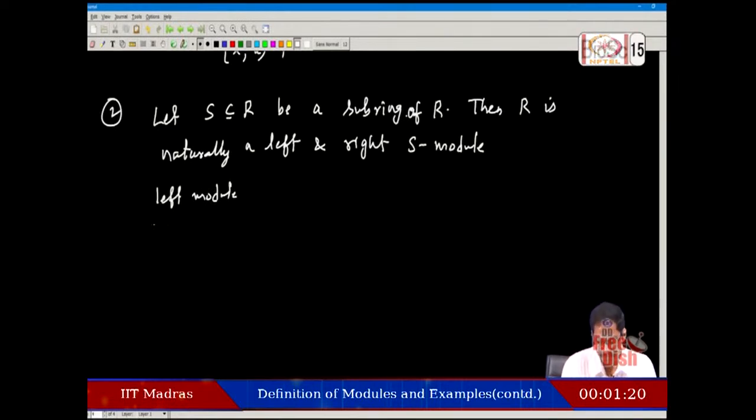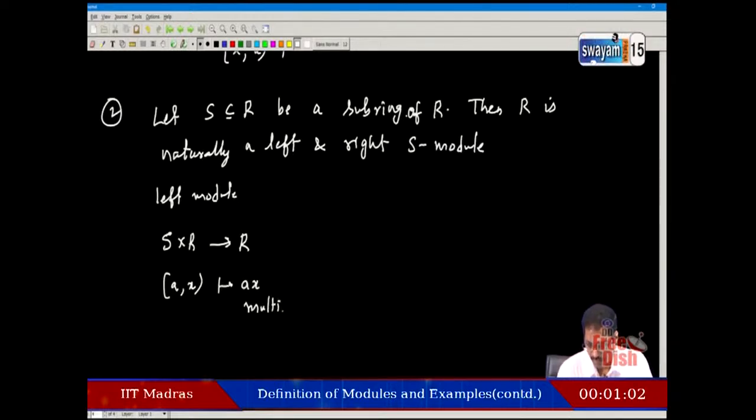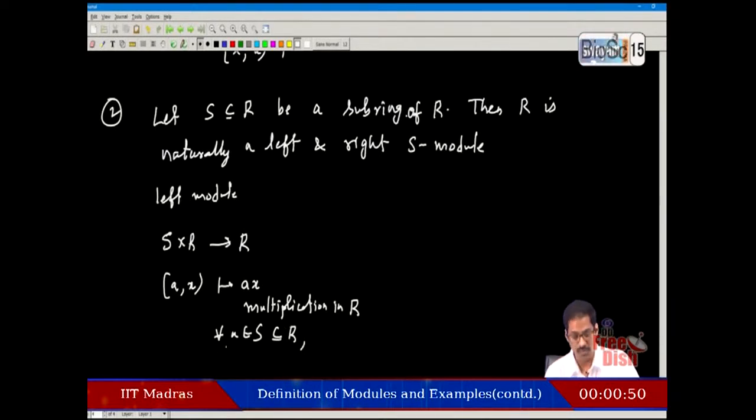Let us look at S cross R to R. If you take any a and x, it just goes to ax, a multiplication in R, because for any a belonging to S, S is a subset of R, and therefore a is an element of R. Similarly x belongs to R, therefore this is the left module structure.